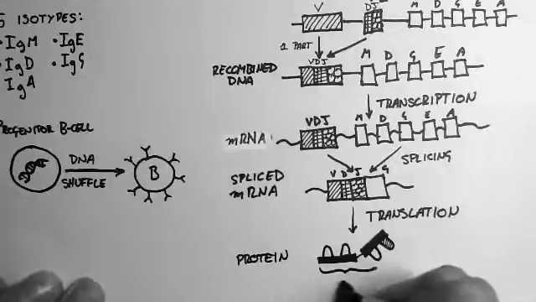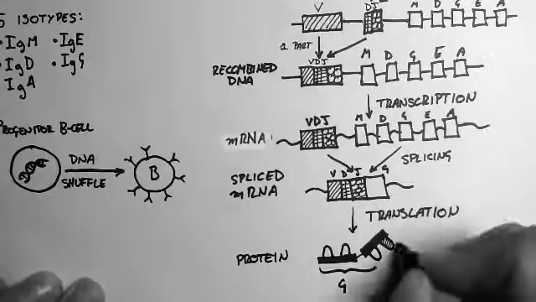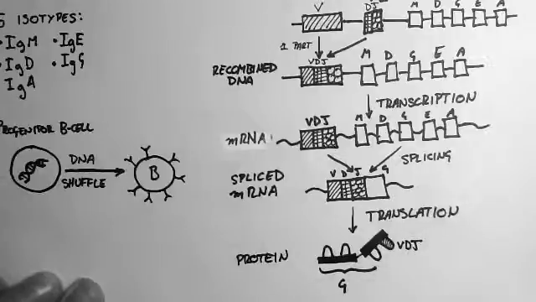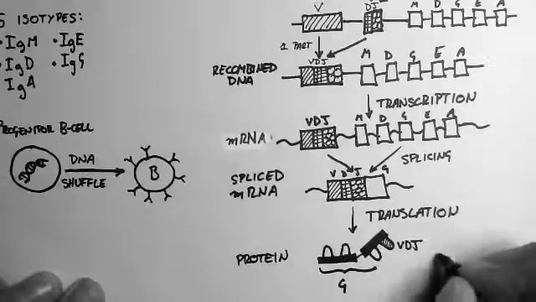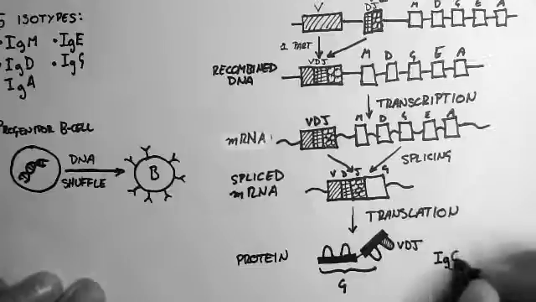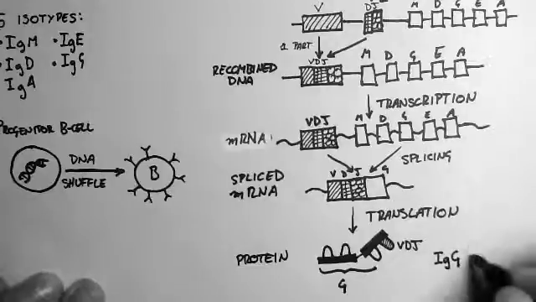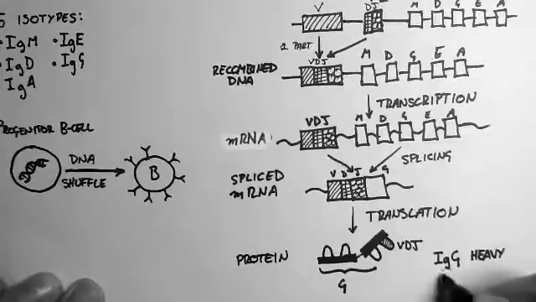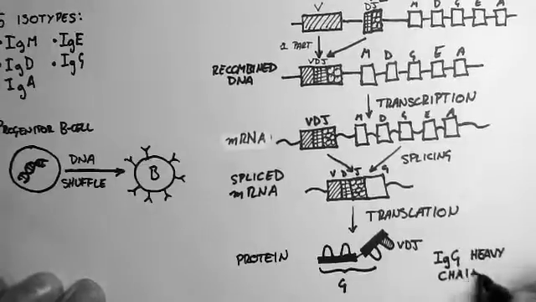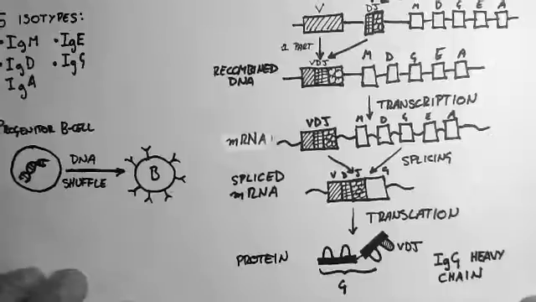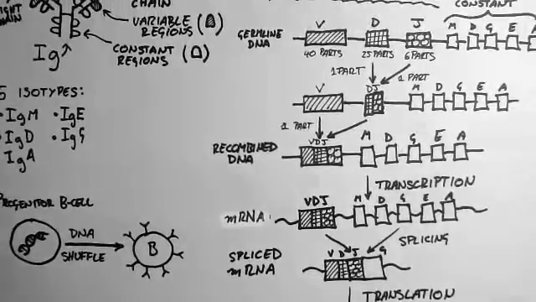Now this part will be the constant region, which is the G region, and the bit at the end will be the V, D, and J region. So this is what we call the IgG heavy chain. And it's an IgG style because we chose the G constant region in our splicing.